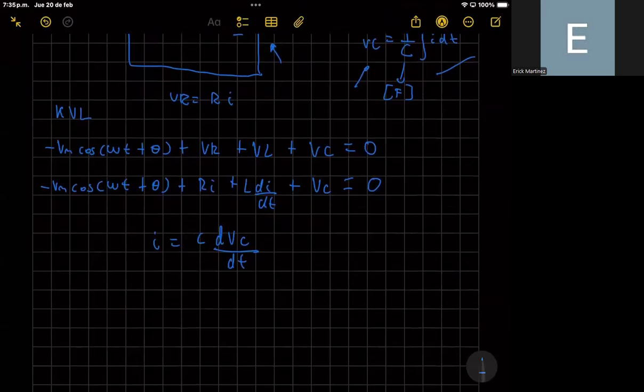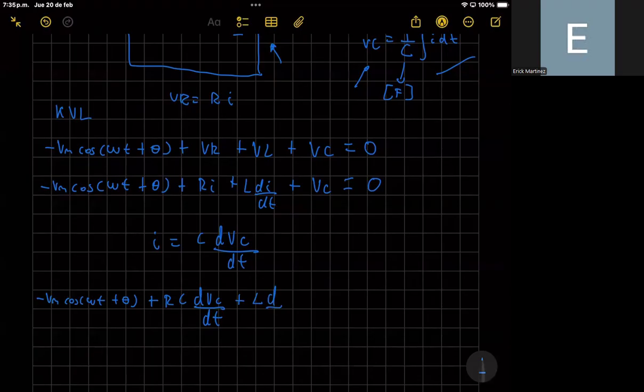So now I can express the following. We have Vm times the cosine of omega times t plus theta, plus R times the current, but the current is equal to this value. So we have C times the derivative of the voltage of the capacitor with respect to time, plus L times the derivative of the current.